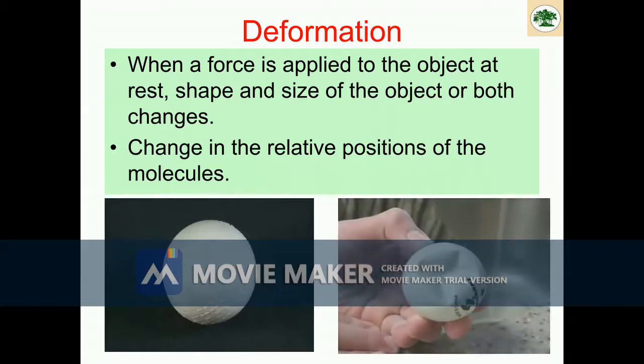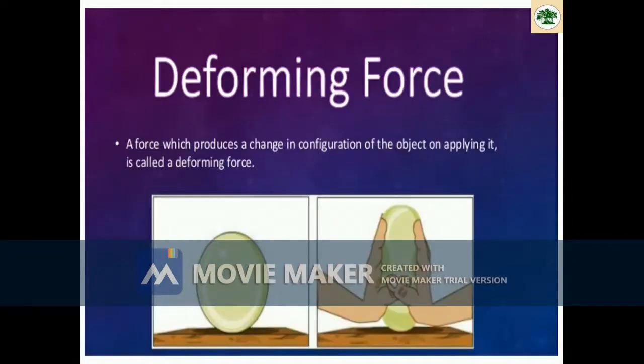Now there is another picture in which the ball is deformed, means a certain force is applied on the surface of the ball and that ball gets deformed, means there is a change in the shape of the ball. This is called the deformation.